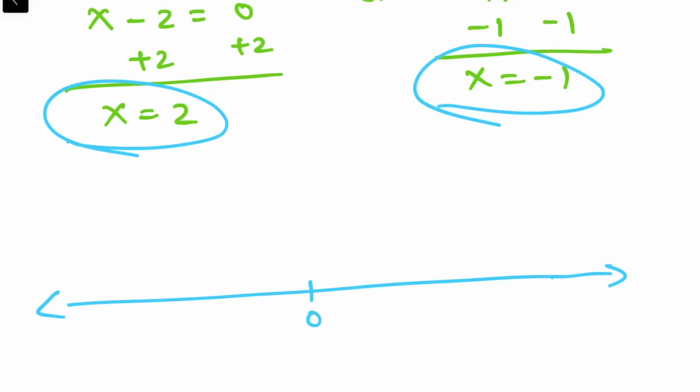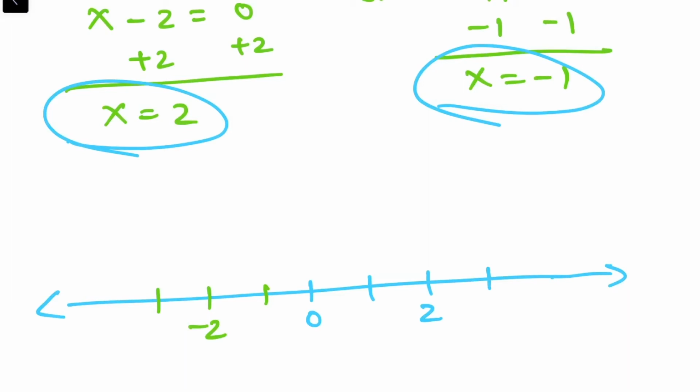So now you're going to draw a number line. I have 0, 1, 2, 3. I have 2. I'm going to use negative 1, negative 2, negative 3.